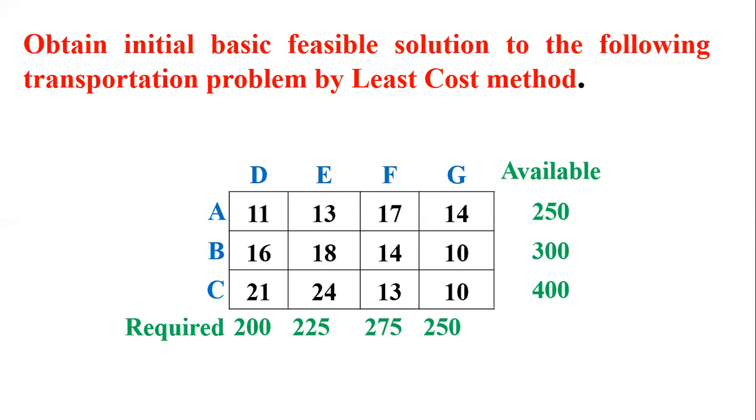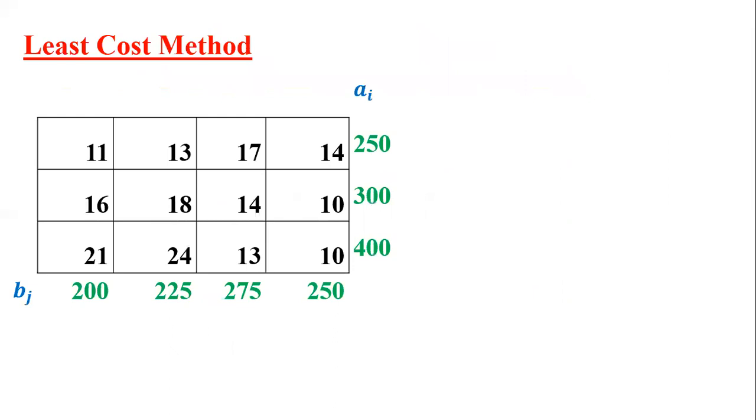The first condition, the necessary and sufficient condition for the transportation problem, is to check whether supply and demand are equal or not. The availability is represented by ai and bj represents the demand, that means requirement. First you have to check whether the sum of ai and the sum of bj are equal or not.